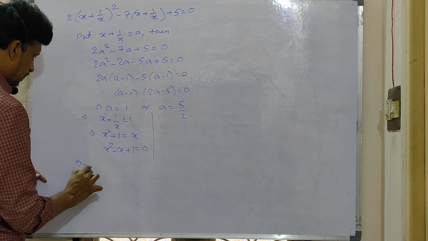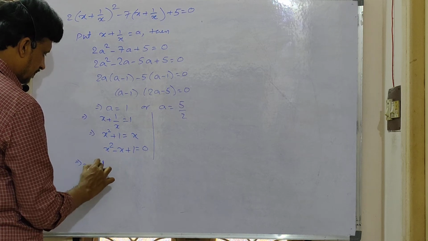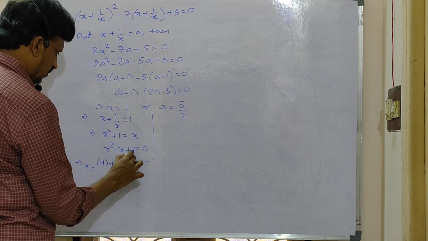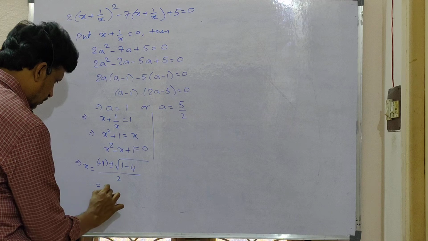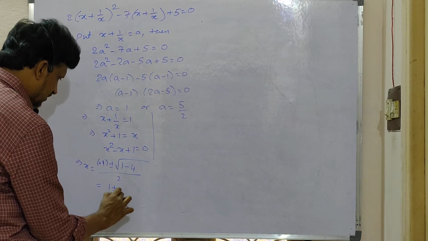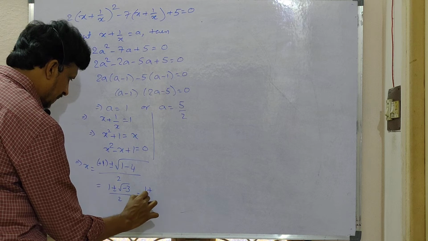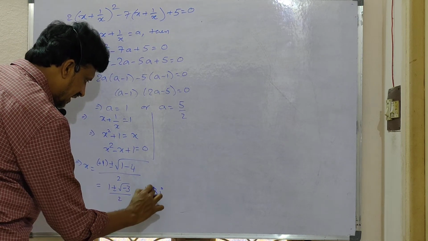Gives x is equal to minus b, means minus of minus 1, that is 1, plus or minus root b square minus 4ac by 2a. So 1 plus or minus root 1 minus 4, that is minus 3, by 2. Means you can say that 1 plus or minus root minus 3, that is root 3i.